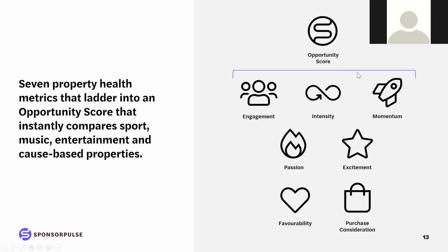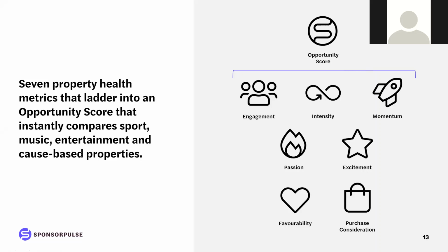So from a platform perspective, and the reason we're going to talk about this is because it's all going to come to life as you start to see the case studies and the insights and the data. But essentially, we look at 7 key metrics which ladder up to an opportunity score. That opportunity score being, from a client side or from an agency side, from a property side perspective, how big is the opportunity of this particular partnership or platform or property, and where is it getting its strength?